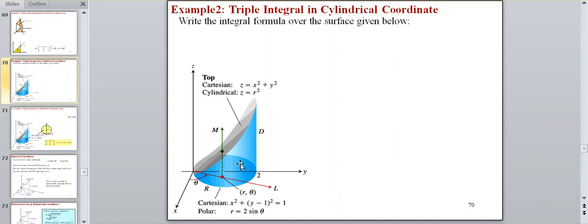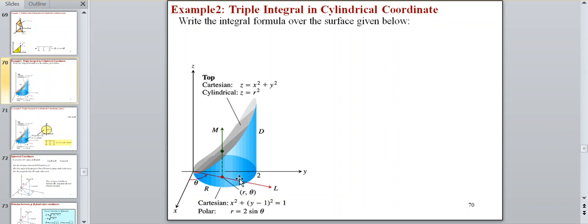Okay, look here. If you are using the Cartesian coordinate system, we say z is from lower surface, which is a portion of the xy plane with equation z equals 0, to upper surface. What is the upper surface? It is a portion of this paraboloid, z equals x squared plus y squared. But as I mentioned, everything must be converted to cylindrical.